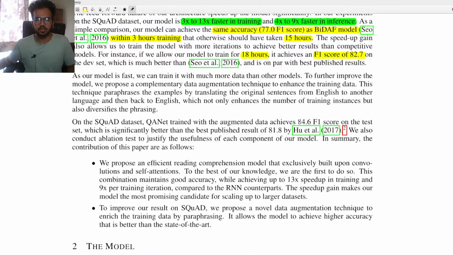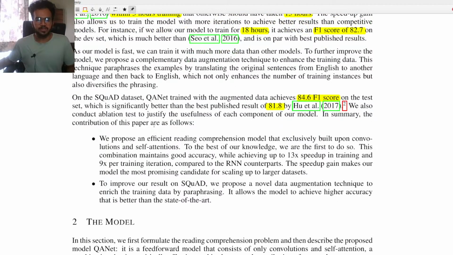On SQuAD, their augmented model achieves 84.6 F1 on the test set, which is significantly better than the published best of 81.8. In summary, the contribution is as follows. They propose an efficient reading comprehension model that exclusively builds upon convolution and self-attention.